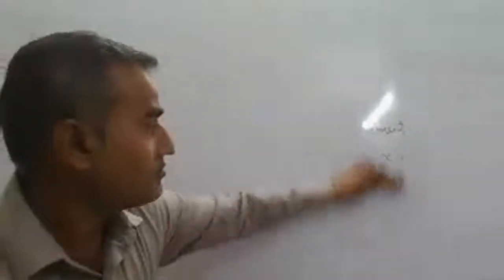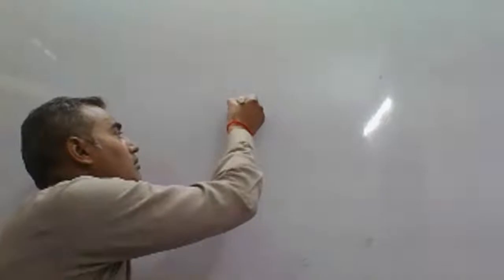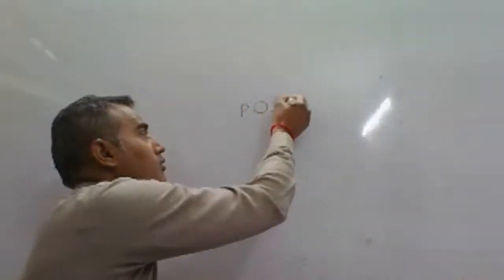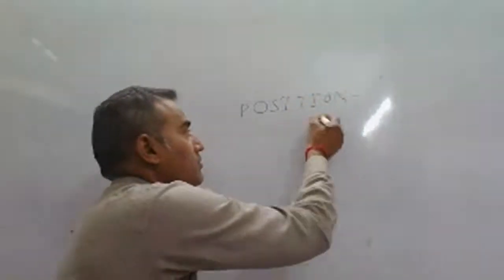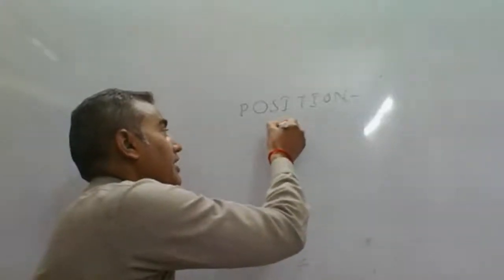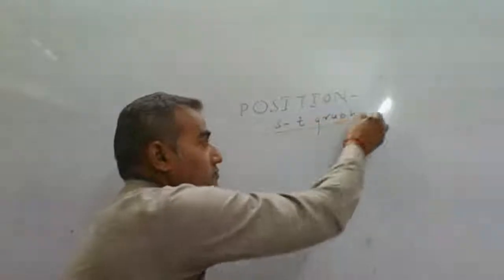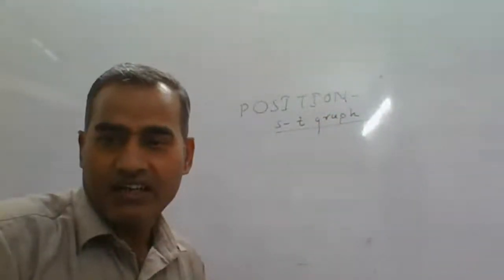What is the position-time graph? The ST graph. What is the ST graph?